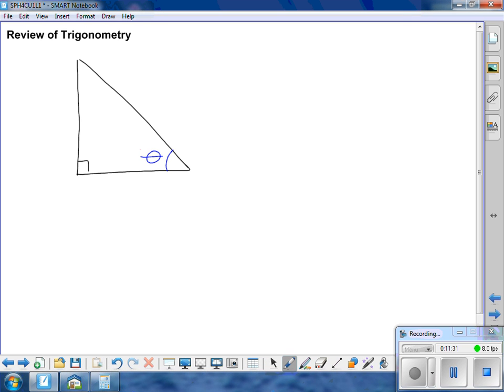I always start with the side that is across or opposite from the angle. That's our opposite side. We know from Pythagorean theorem that the longest side is the hypotenuse. So the remaining side is the one word that no one knows the meaning of, adjacent, which really means just beside. And we take those letters to form our acronym.